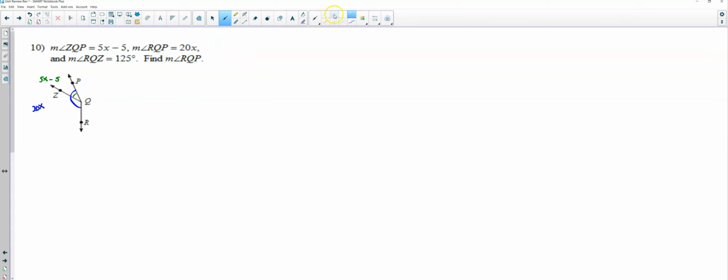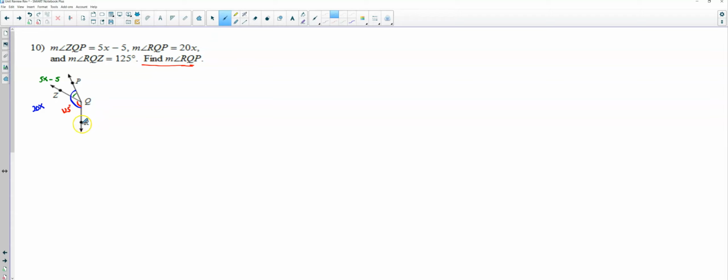And then in red, I'm going to find the measurement of RQZ, which is this right here. RQZ is 125 degrees. Okay, so find the measurement of RQP. Here is my question. So let's do it. I'm going to write it.